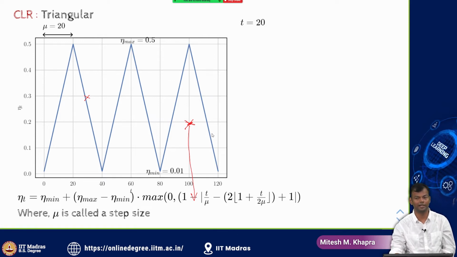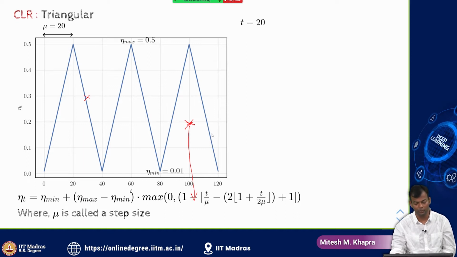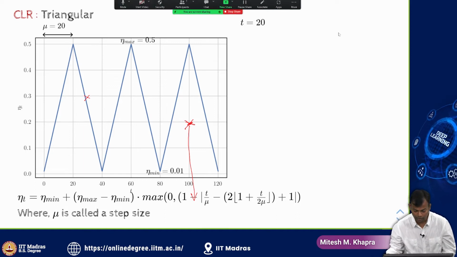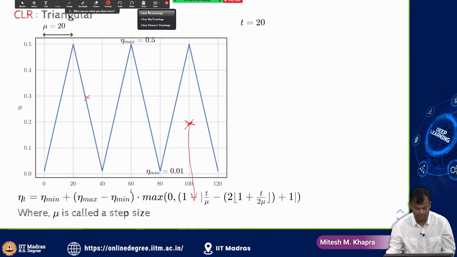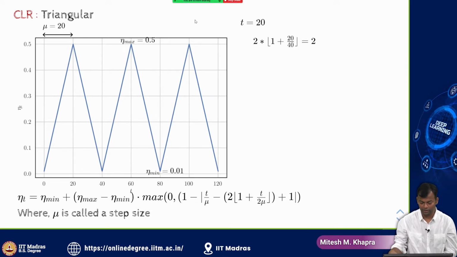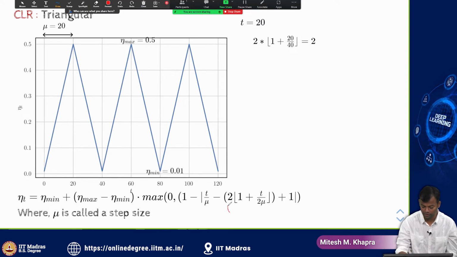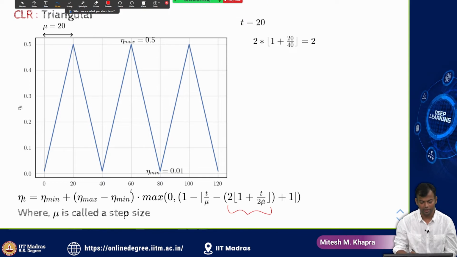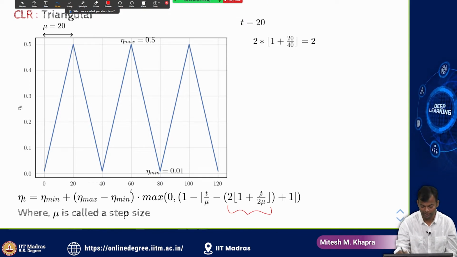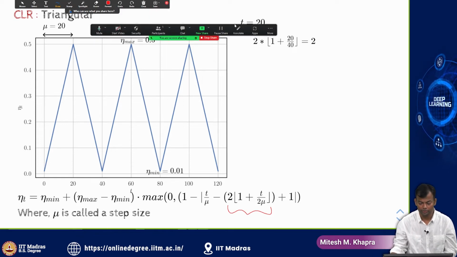So let's look at it, right? If t is equal to 20, I'll just substitute the value t equal to 20 in this equation. Let me just get rid of the annotations. Now I'm going to substitute it here first, right? So when I'm computing this quantity, everything inside the bracket is t.